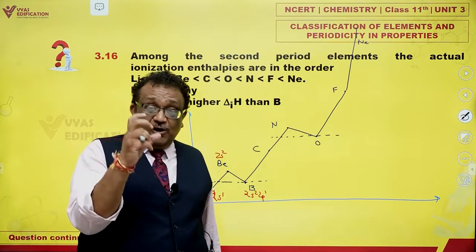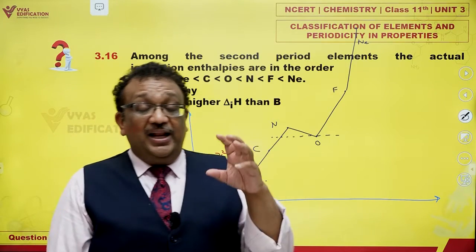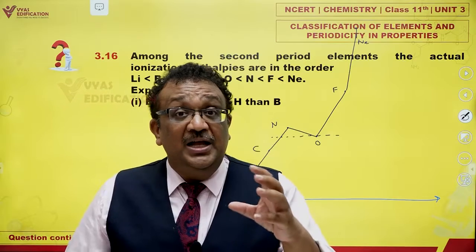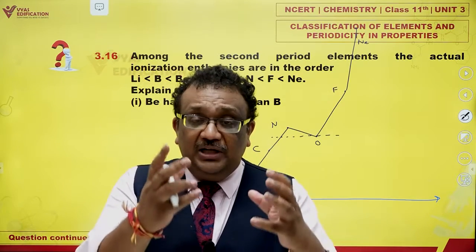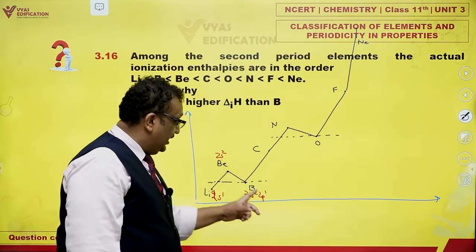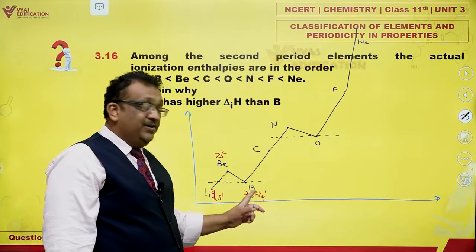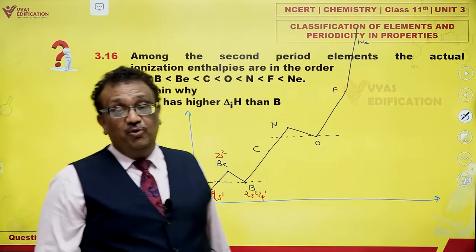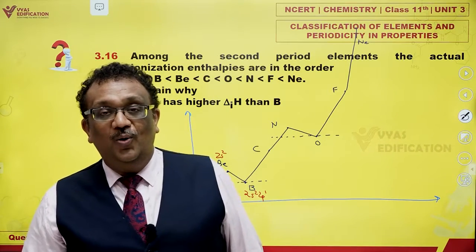S subshell is closer to the nucleus, and the electron in s subshell is held more tightly. It's attracted more strongly by the nucleus as compared to the p electron, which is going to be removed in the case of boron.